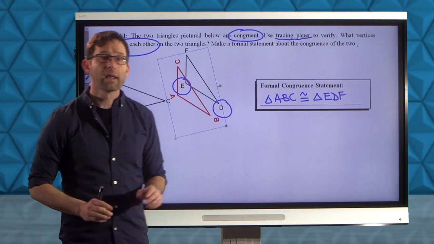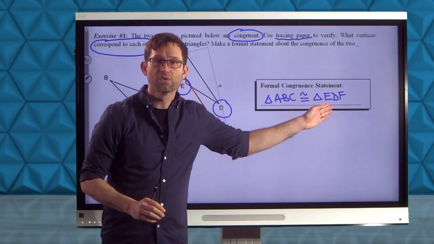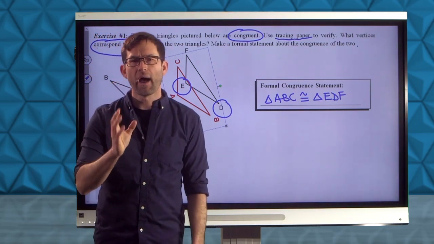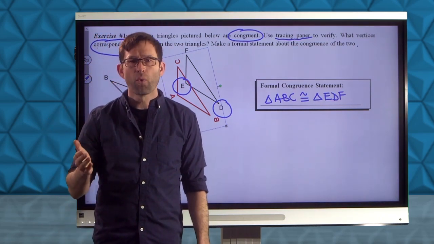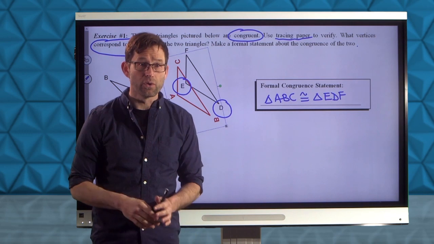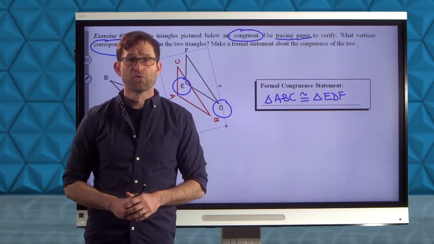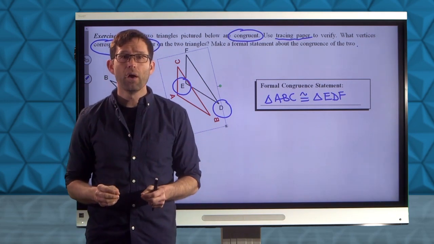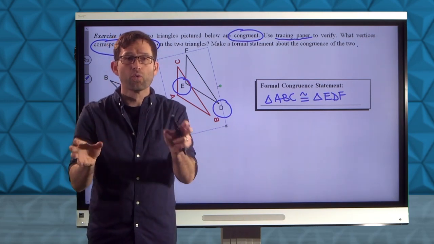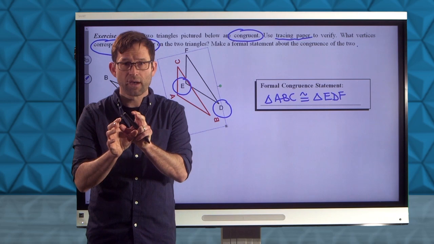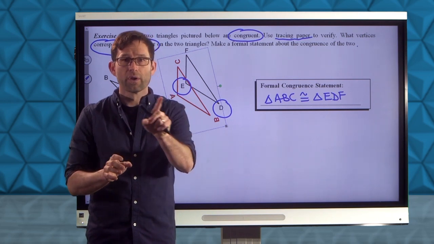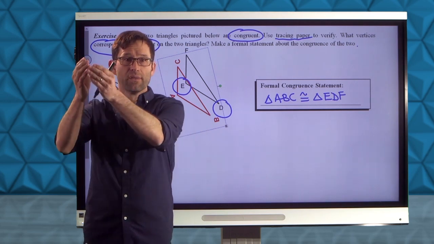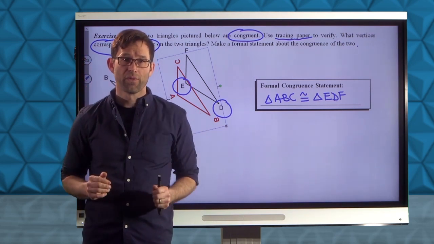All right? And I specifically wanted to make it so these weren't in alphabetical order, to challenge you and make sure that you have this. Again, it's important because on occasion I'm going to tell you, triangle ABC is congruent to triangle SRT. And just from that statement alone, you'll know that if I were to rearrange the two triangles and lay them on top of each other, this vertex would go with this vertex, this one would go with this one, and this one would go with that one.